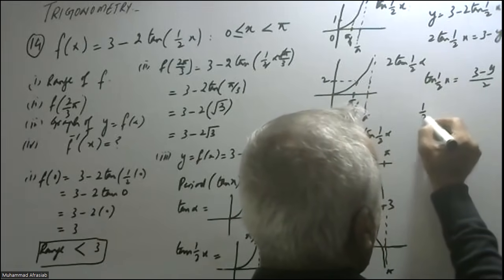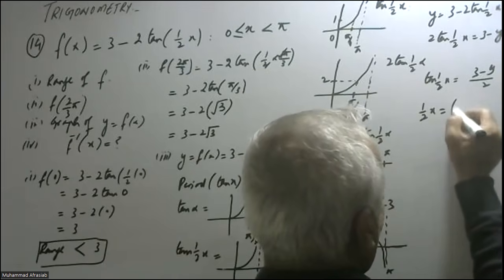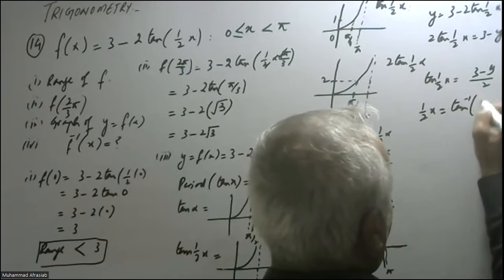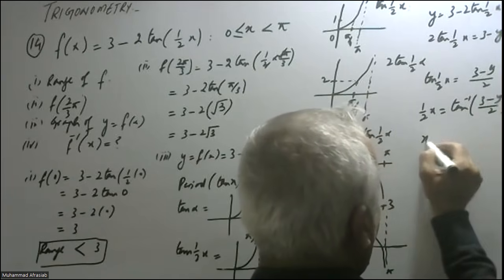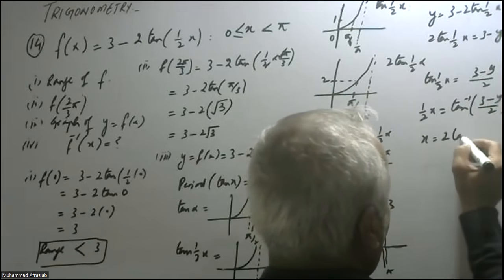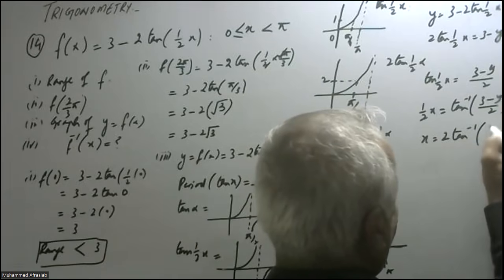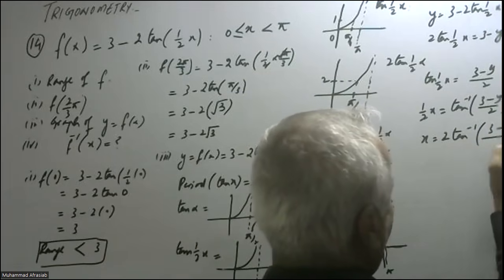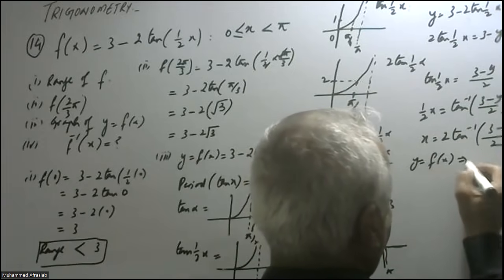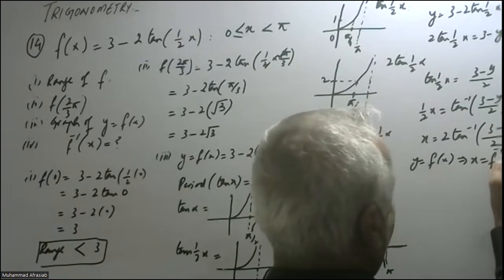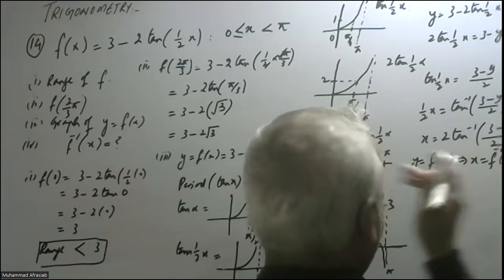Then half x is equal to tangent inverse of 3 minus y over 2. And x is equal to 2 tangent inverse of 3 minus y over 2. But we know that y is equal to f of x, then x is equal to f inverse of y.